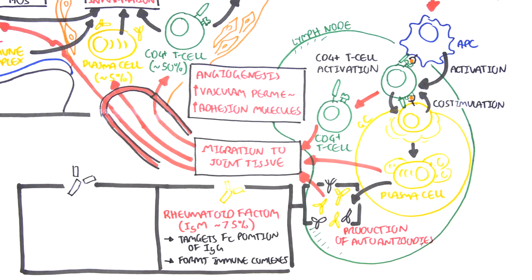They essentially form immune complexes and can deposit in the synovial fluid. The rheumatoid factor forms immune complexes with itself, but also with the IgG as well as complement proteins. So it will promote inflammation.